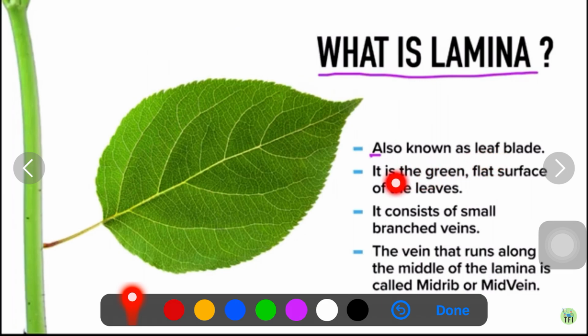It is the green, flat surface of the leaf. It consists of small branching veins, as you can see in the image. The vein that runs along the middle of the lamina is called the midrib or midvein.